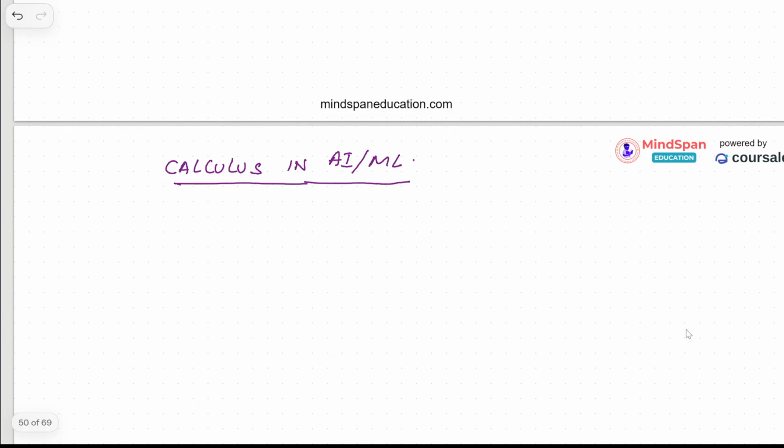As part of the syllabus, they have only mentioned single variable calculus, but machine learning problems are not single variable most of the time. All the time, you can say they are multivariable. So we'll see some multivariable calculus also.